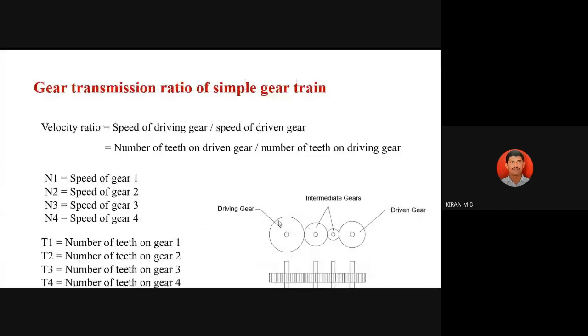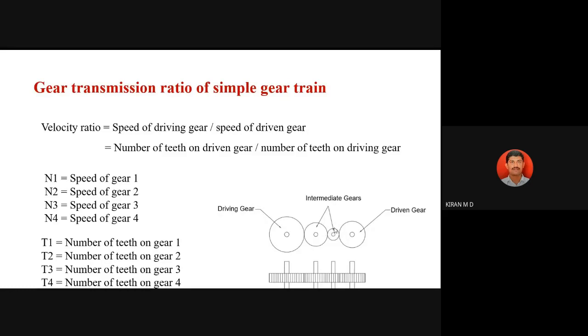We know that gear 1 will transmit the power to gear 2. So how are we going to find the velocity ratio? N1 divided by N2 is equal to T2 by T1. Similarly, gear 2 will transmit the power to gear 3, so N2 by N3 is equal to T3 by T2.